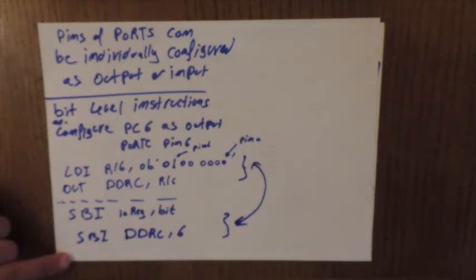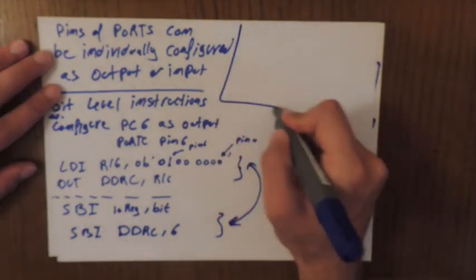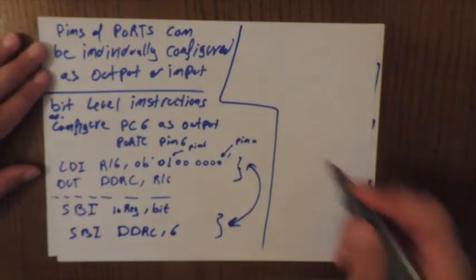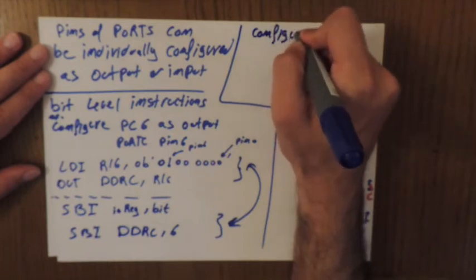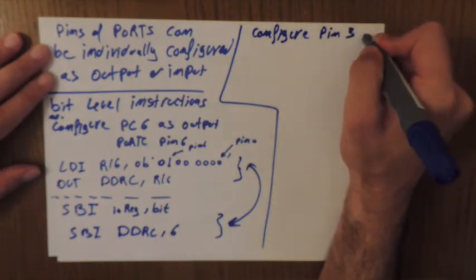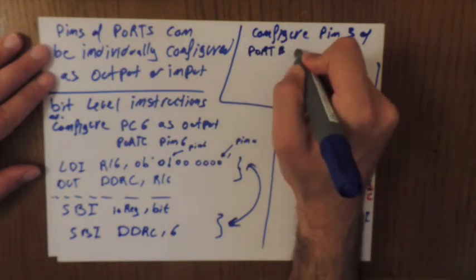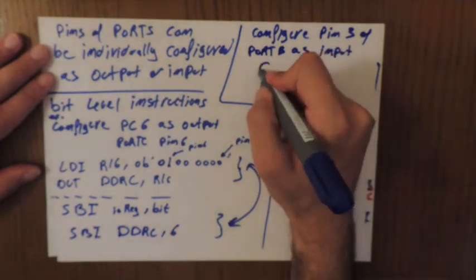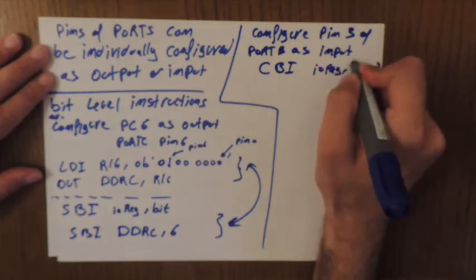Okay, so if I want to do an input, let's say configure pin 3 of port B as input, all I can do is use the instruction CBI, which is clear bit in IO register, comma bit.